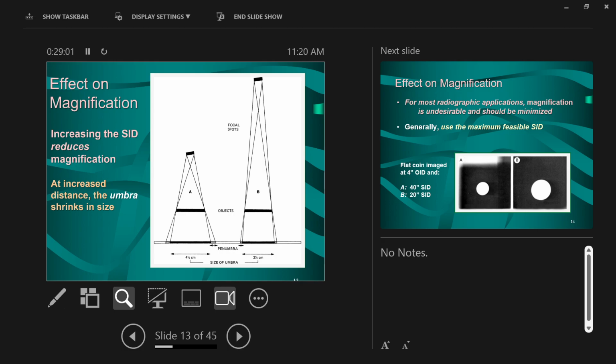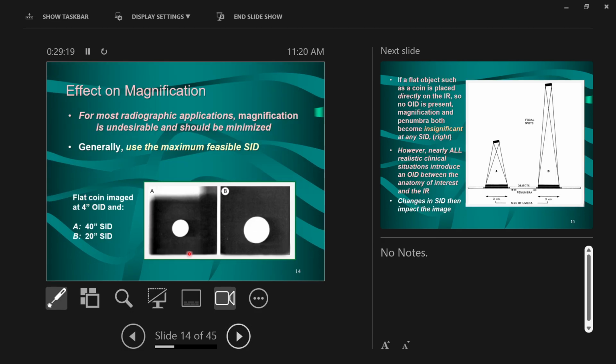Shown here is exactly what the flashlight does. So this can be shown on a radiograph. Remember a couple times ago when the X-ray machine broke, I showed you those two hand radiographs, one magnified and one not magnified? This is the same exact thing, but done with a coin. This is a flat coin that was placed 4 inches above the image receptor, on a sponge.